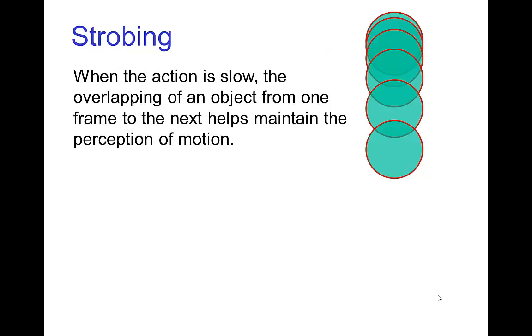Now, when the action is slow and the sequence of images for an object are not so different in position from frame to frame, then it's rather easy to maintain the perception of motion.